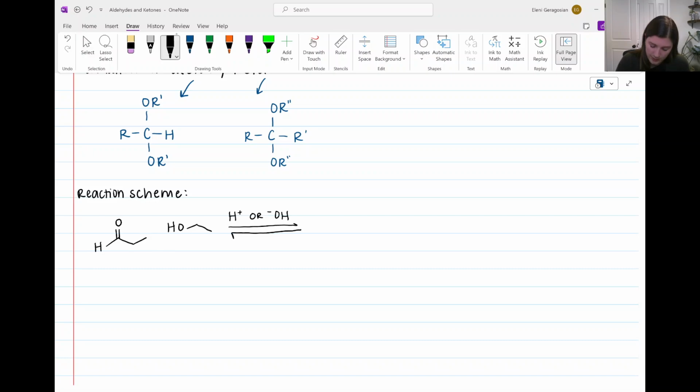Starting with propanol, adding ethanol, we would have that carbonyl carbon with a 2-carbon chain in addition to that carbonyl carbon. We now have, instead of the carbonyl oxygen, the oxygen coming from the alcohol, and then the same thing for the last bond to that carbon.